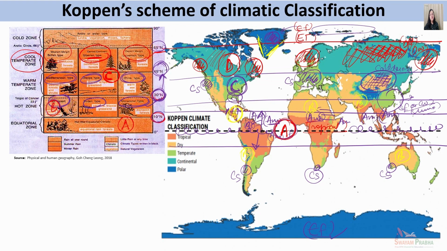So the evergreen forest transitions to deciduous or mixed type of forest or monsoon type of vegetation.